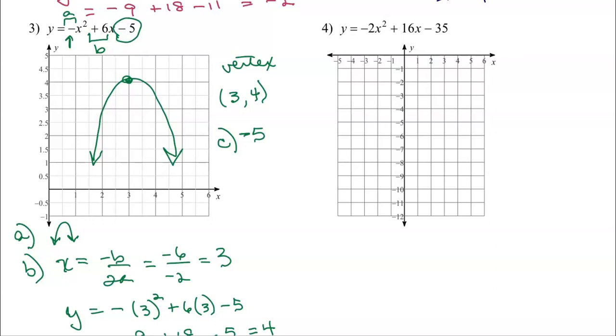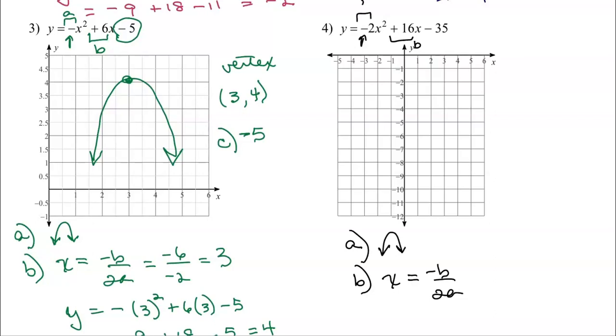Okay, next one. Here, I'm going to say, once again, the leading coefficient right here is negative. So this is going to go like this. It's downward facing. Your x is going to equal negative b over 2a. Come up here. This is your b.